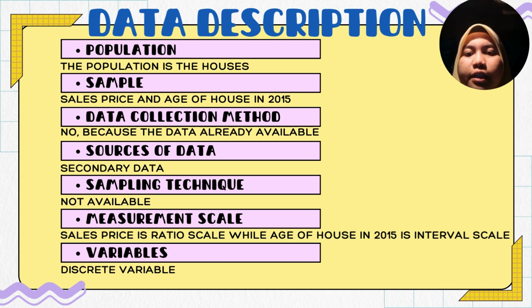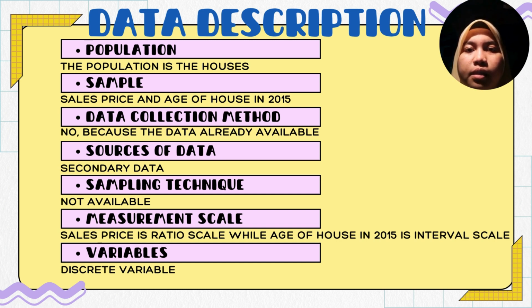For the data collection method, there is none since the data is already given. The source of this data is secondary data because it is already given. For the sampling technique, there is none either since it is secondary data.